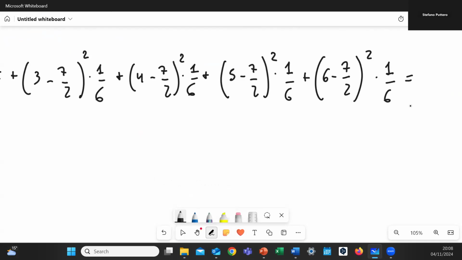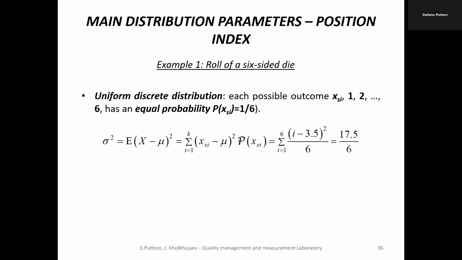If we do the sum of all these things, we obtain the result, that is 7.5/6. Okay, this is how we use the variance formula. Let's come back to the slide.